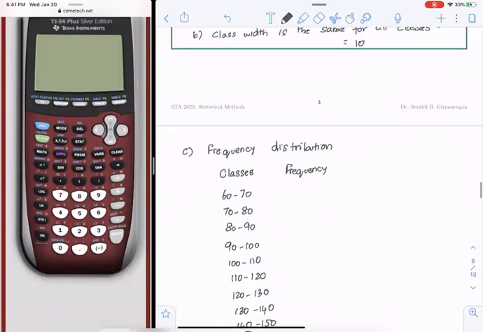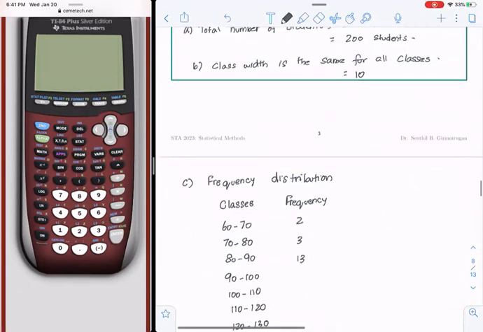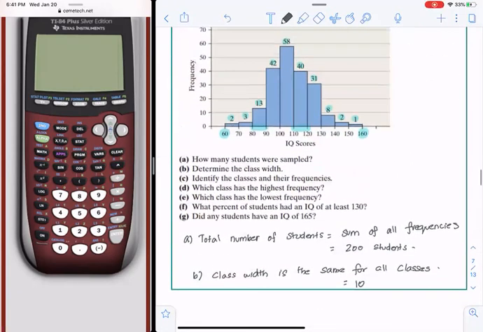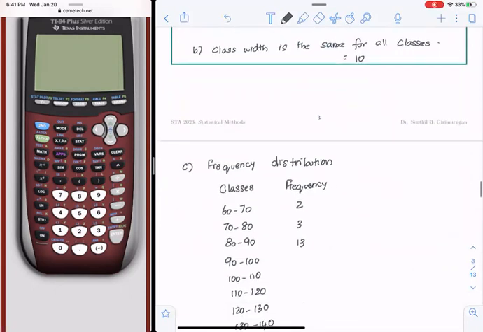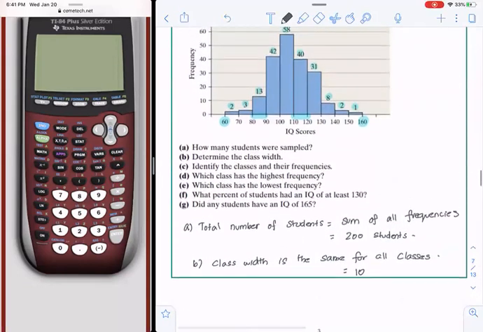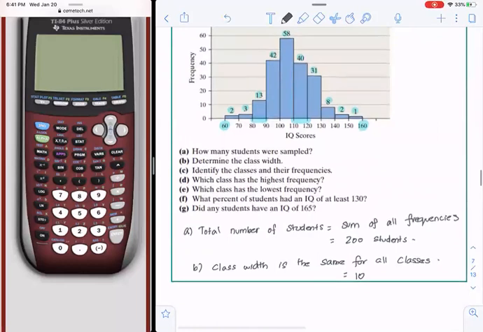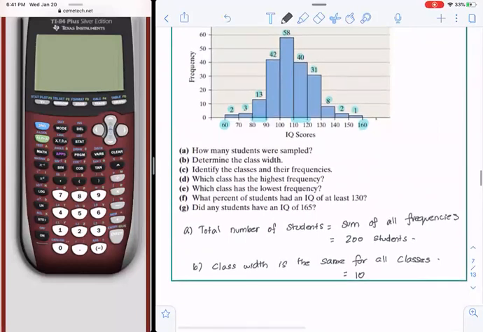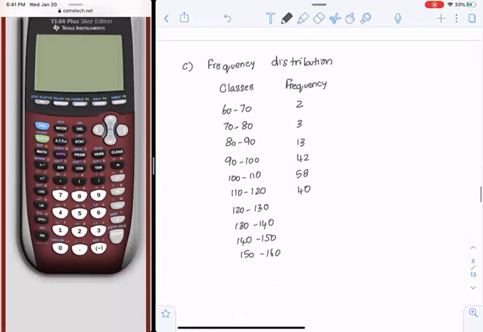So 2, 3, 13, 42, 58, 40, 31, 8, 2, and 1.